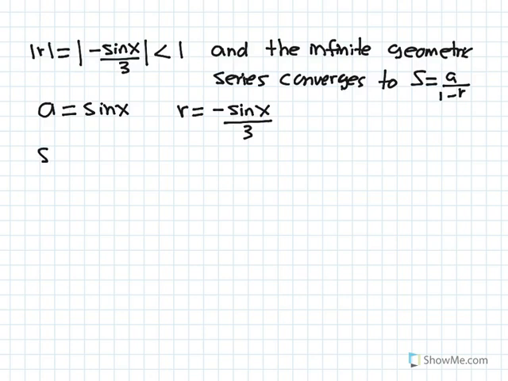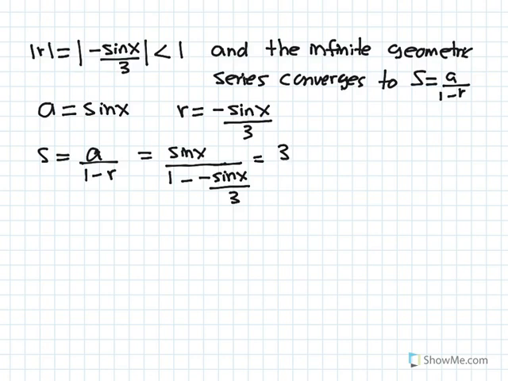So s is equal to a divided by 1 minus r, a is equal to sine x, divided by 1 minus r, which is minus sine x divided by 3. Multiply top and bottom by 3 to get rid of the fraction, so we get 3 sine x divided by 3 plus sine x.